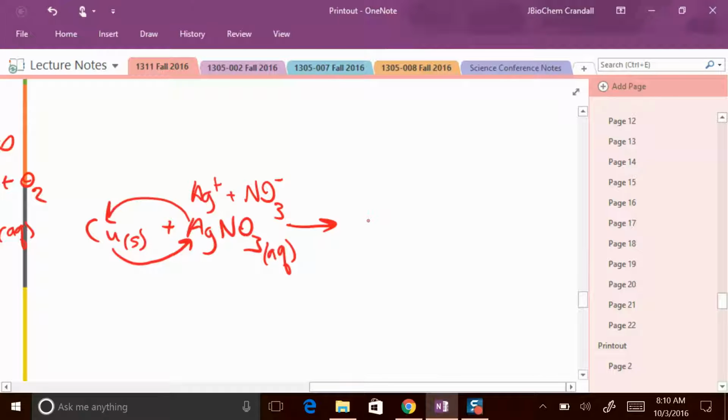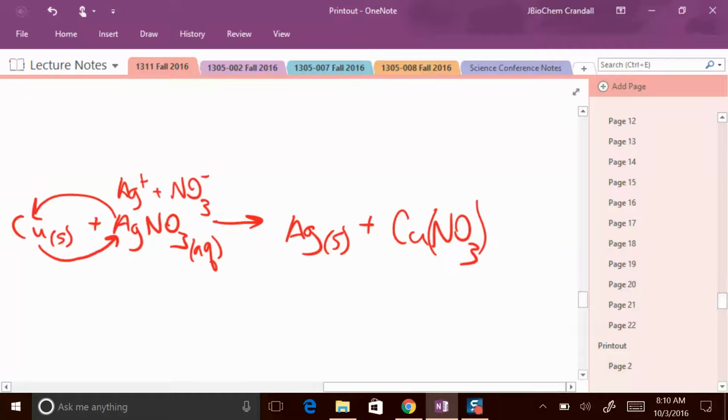Good. So we're going to get silver solid plus copper nitrate. And to the correct ratios, because this would be copper 2, most likely. So we need a copper 2 plus NO3.